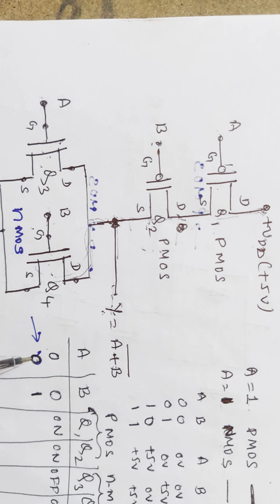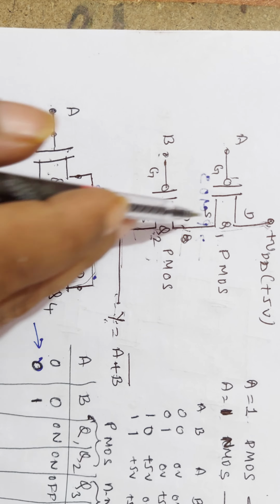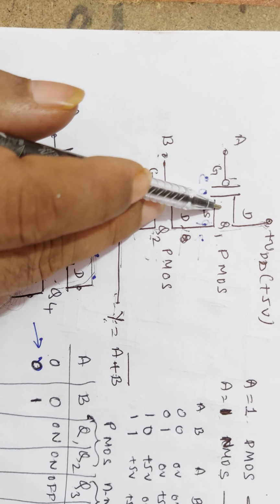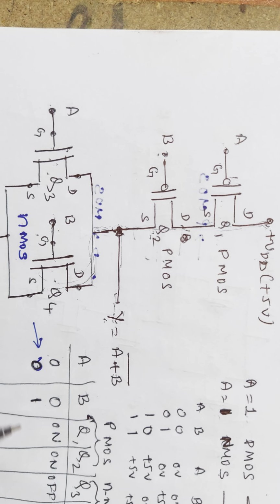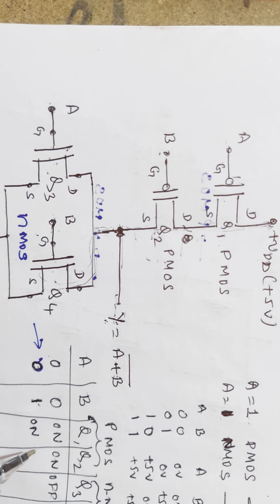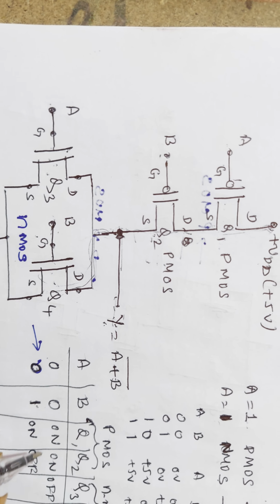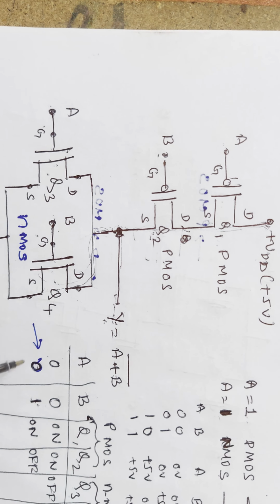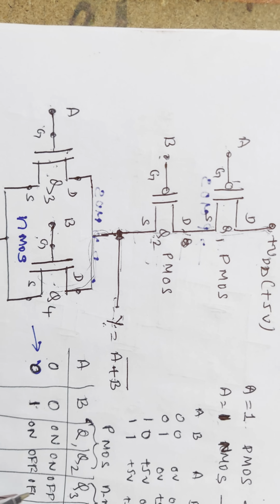Therefore, when A equals 0, B equals 1. A equals 0 means the P channel goes on. But for the other P channel, it goes off because B is 1. Again, for the Q3 transistor, A equals 0, it goes off.